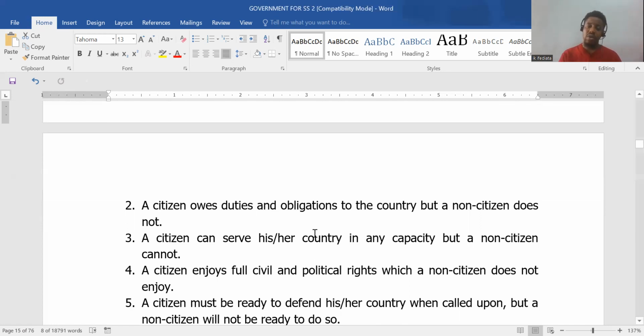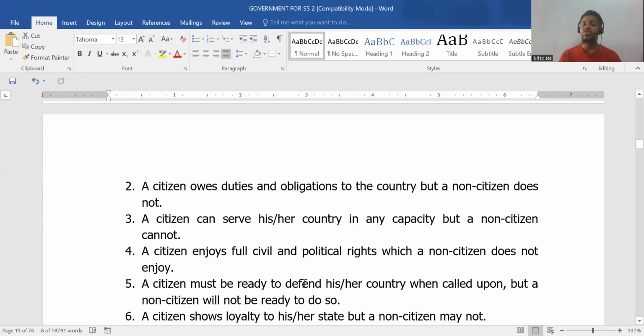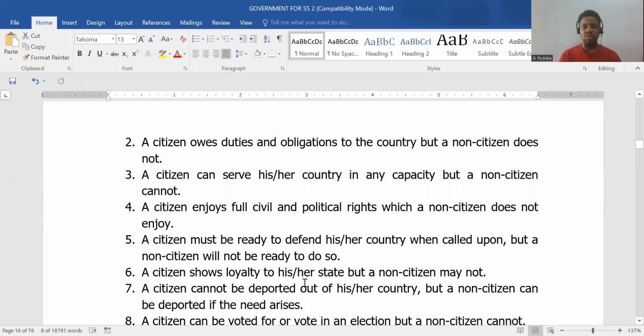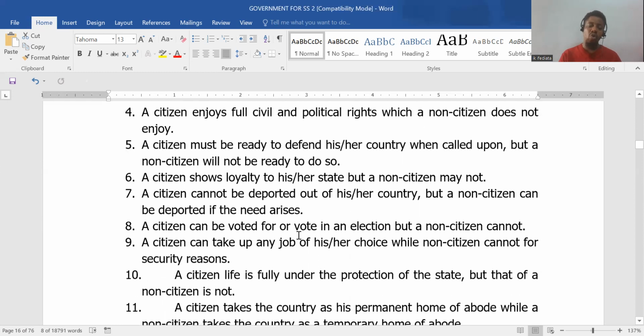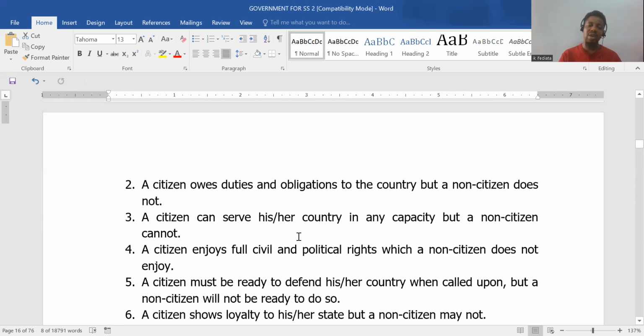An alien cannot. A citizen can enjoy full civil and political rights, vote during election, campaign for electoral offices. An alien cannot. So all these points here, you can learn 5 or 6 of them. A citizen shows loyalty to his or her country, and so on and so forth. So run through them again.